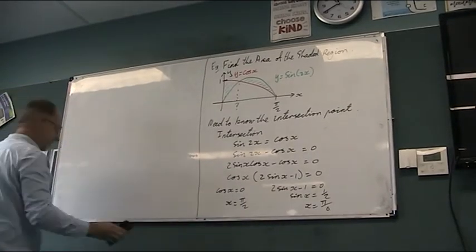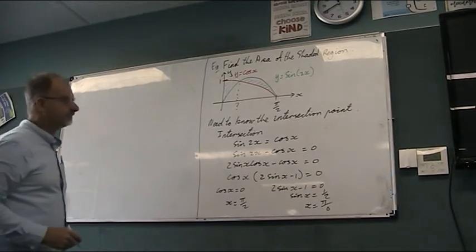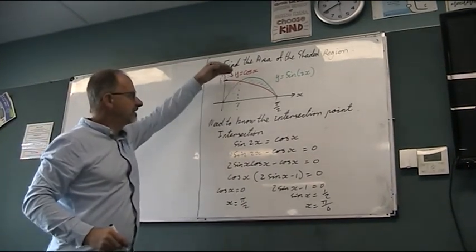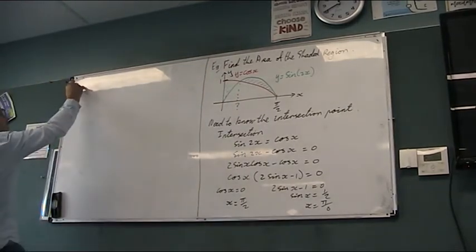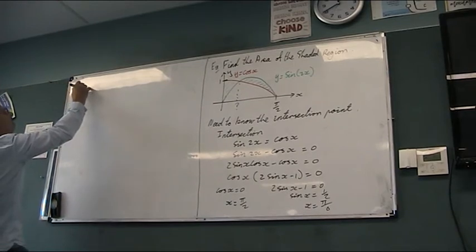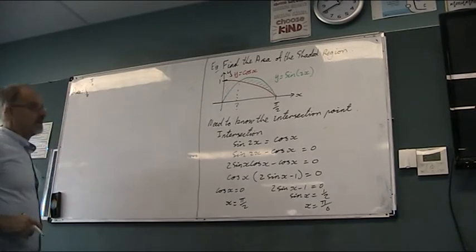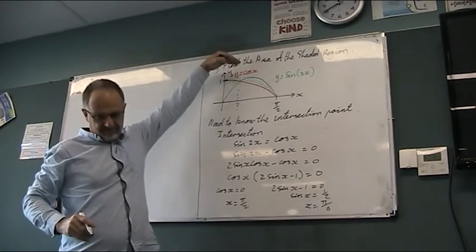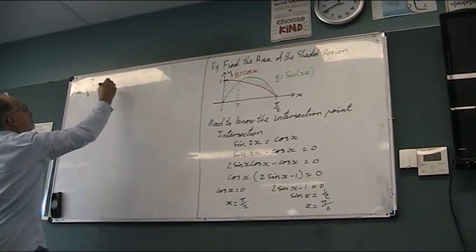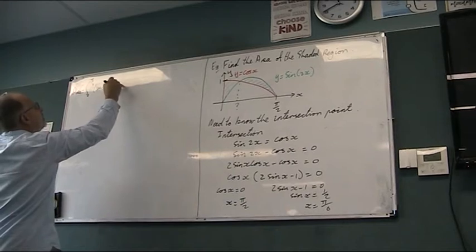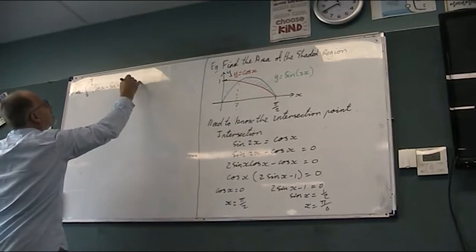Remember that for the area, we do the upper minus the lower, and because it swaps, we need to change it. So our area, first of all, we're going 0 to pi on 6, and the upper one is the cos, minus the lower one, which is sine 2x, dx.